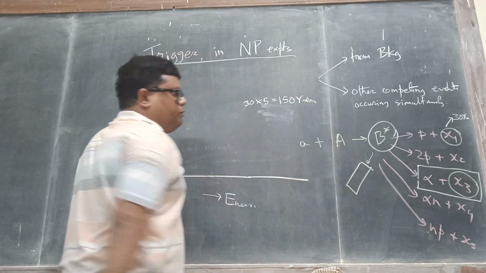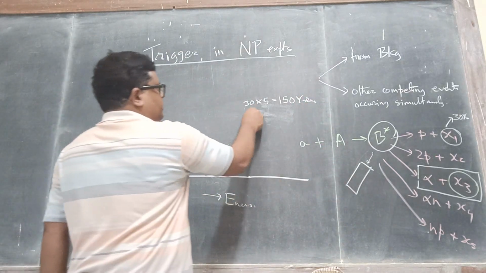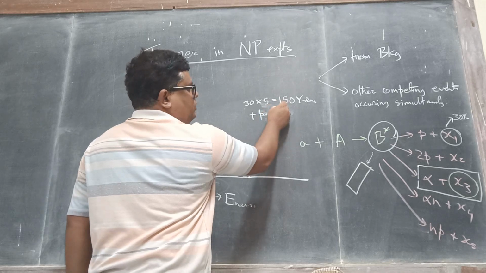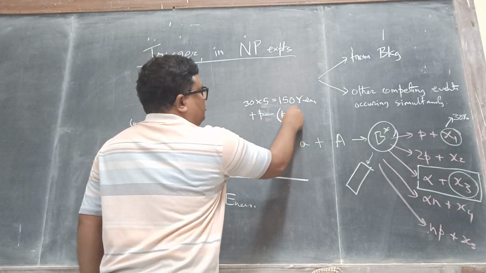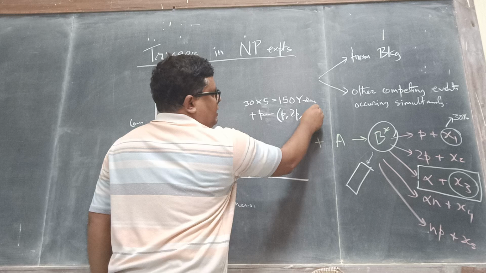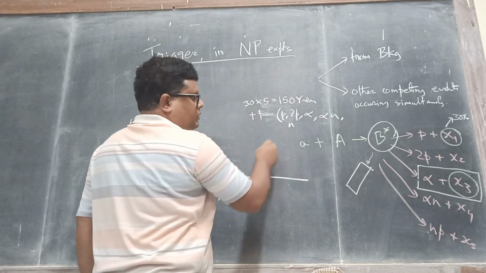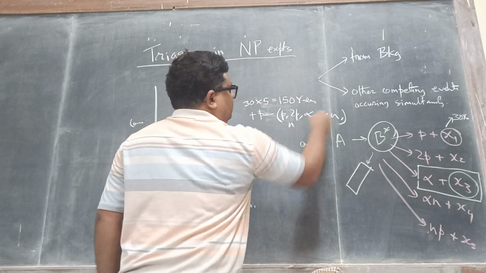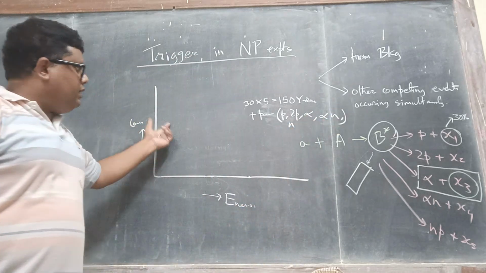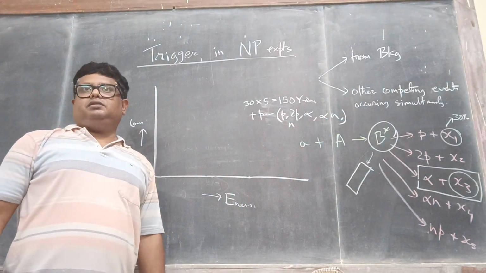And there are so many particles as well, plus particles. Which particles? Proton, 2 proton, then alpha, neutron, of course neutron will be there. All of them. So can you think what this spectrum will be?